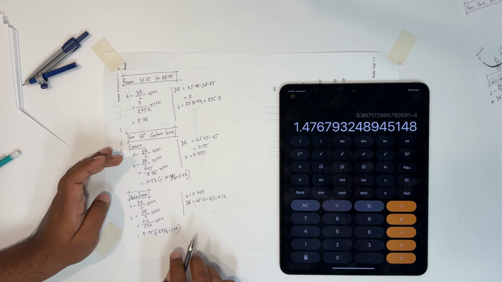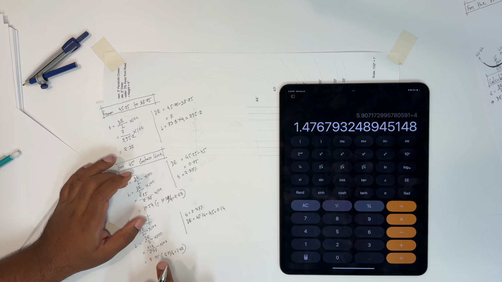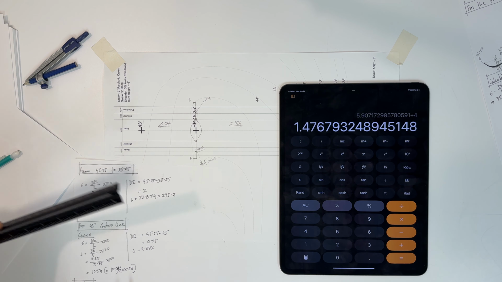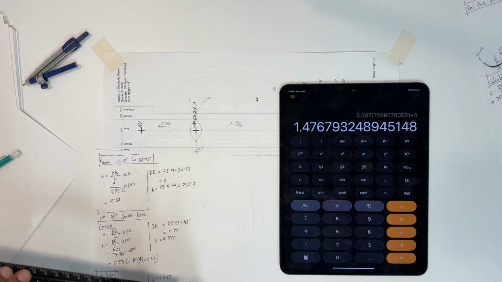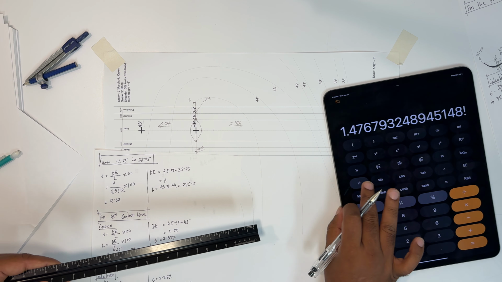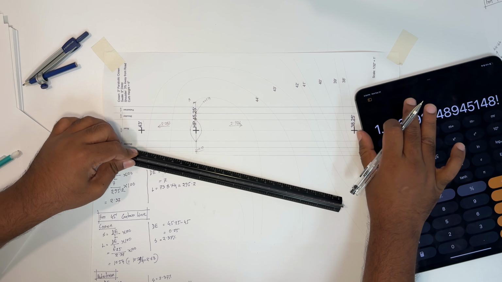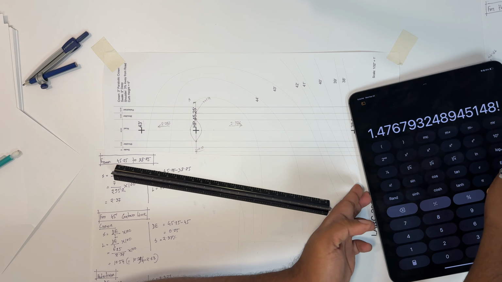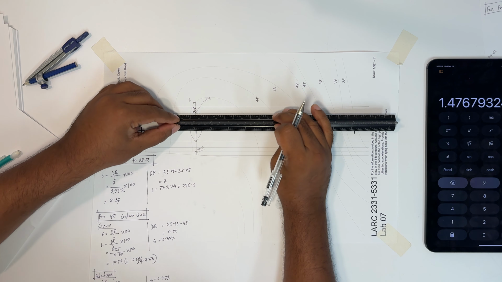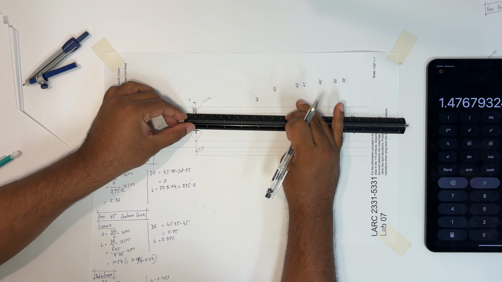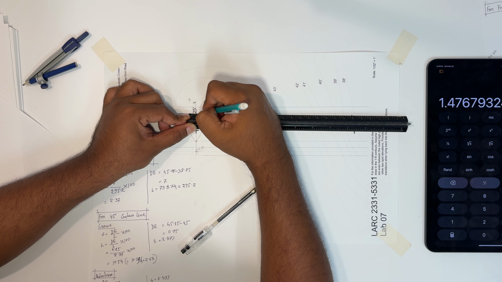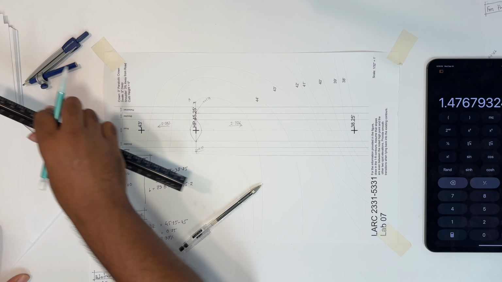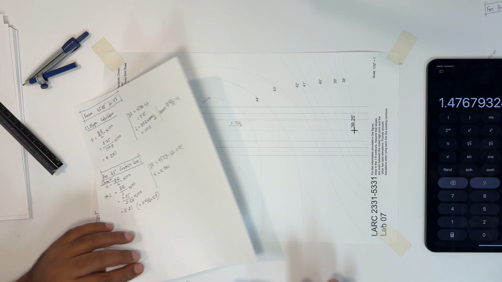That's the drawing scale, keeping it in brackets so that we can understand that's drawing and not the actual. So this was on this side. So 1.48 from here. Something like that.